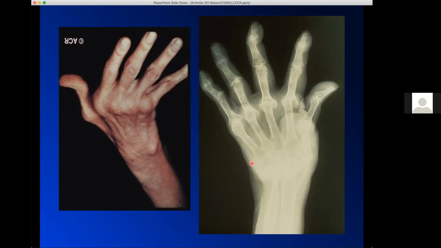And there's a loss of joint space in several areas as well. You really can't see the wrist particularly, mostly because it's fused and degraded there from long-standing inflammation.